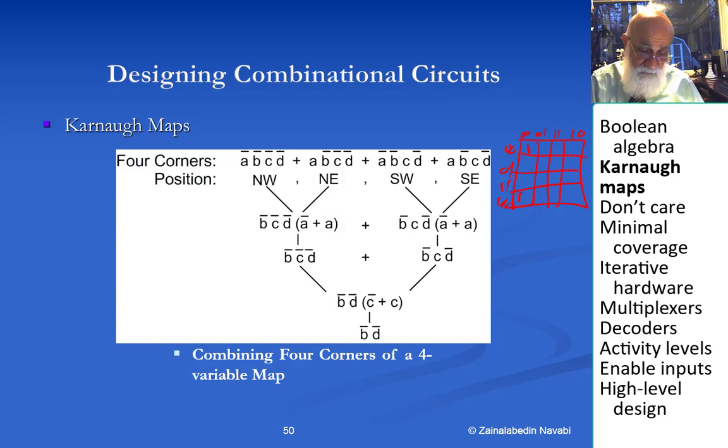I'm sorry, this one is A, B bar, C bar, D. This is the northeast. Then I have A bar, B bar, C, D bar. This is the southwest, and this one is the southeast. I'm going to take these two, the upper two, and factor out B bar, C bar, D bar. I come up with A bar or A.